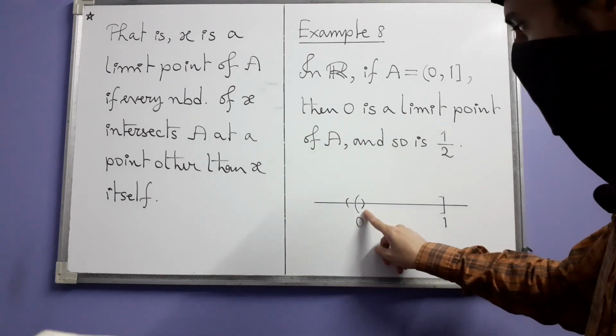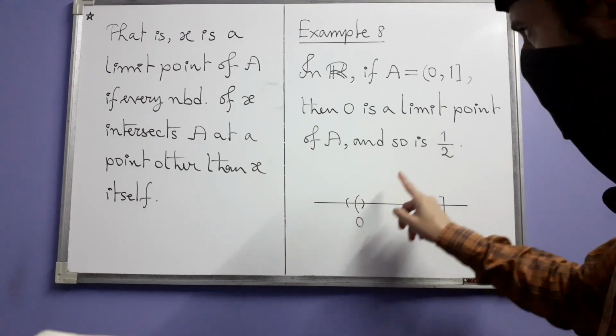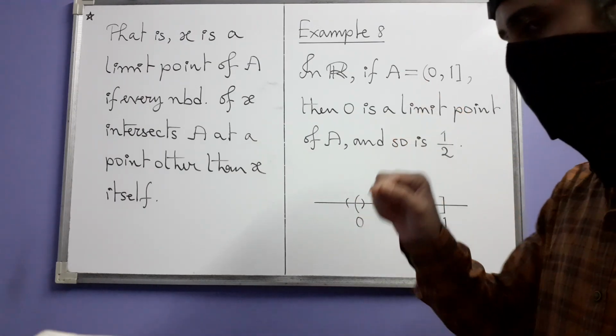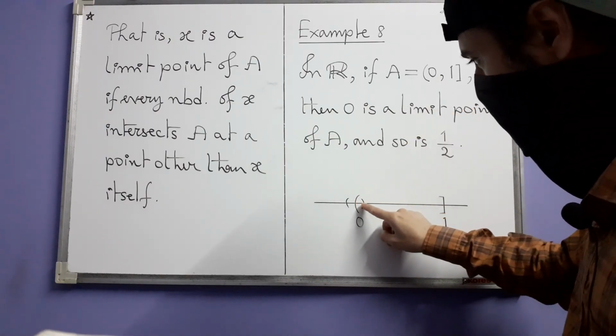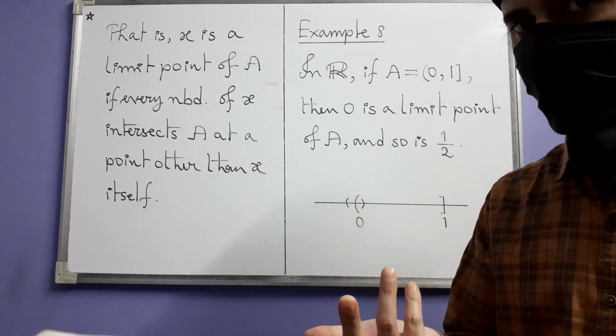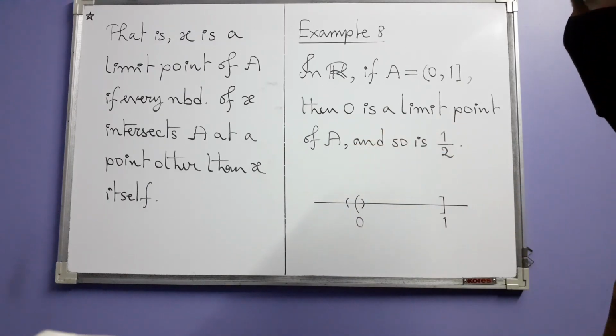Say this is that open interval. Because it's an open interval and this side of A is also open, so in order to contain 0, it needs to intersect A here at these points. So all those points are different from 0 obviously. So that's how 0 is a limit point of A.